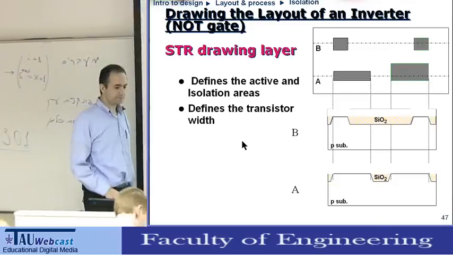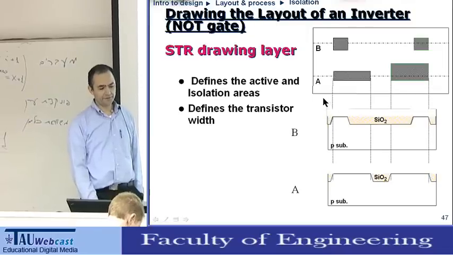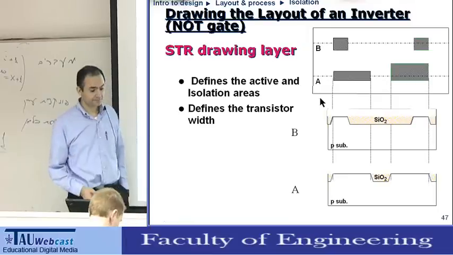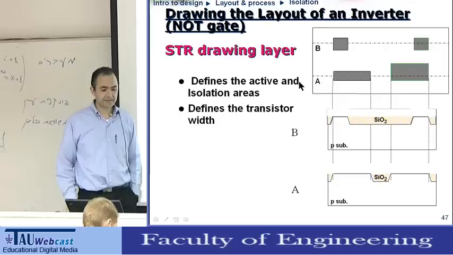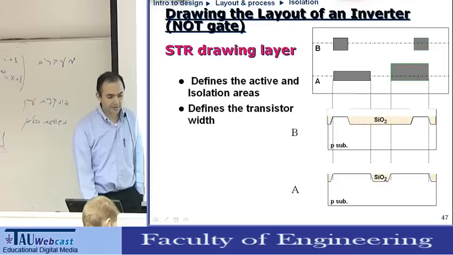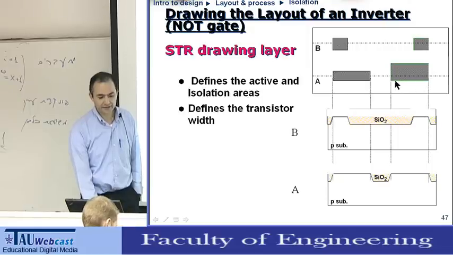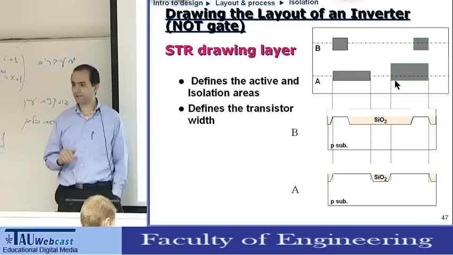So now we'll draw the layout of an inverter, which is a NOT gate. Okay. First, we'll define the active areas and the isolation areas that will define the transistor width. So here, we'll take a mask. The mask will look like this. And here, the mask will have chrome to cover the areas.